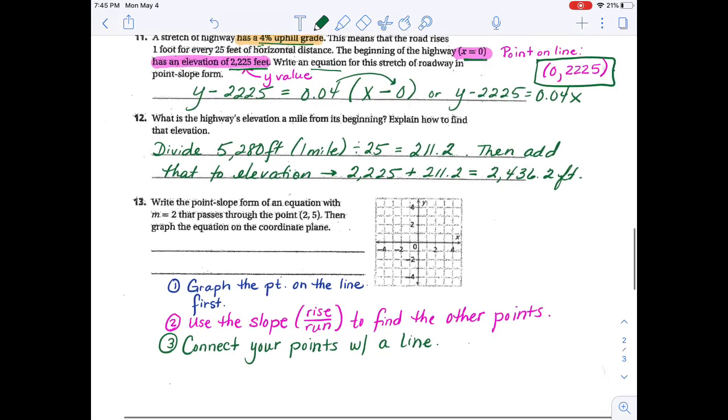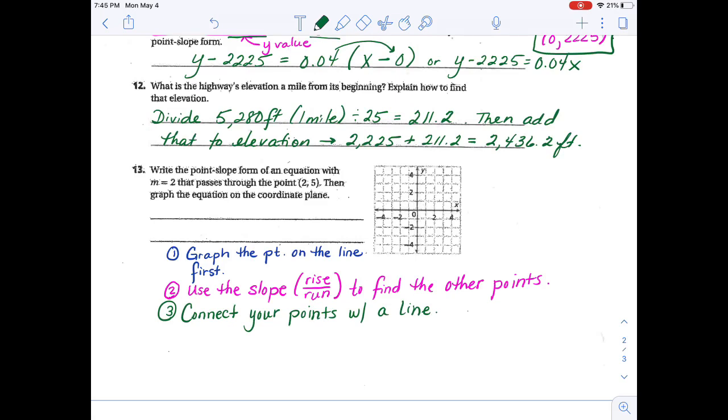Now, last thing I want to look at is how do I graph it if I have the equation? Well, let's look at what I've known. I know my slope is 2. I know there's a 0.25 on my line. Let's write that equation. Y minus y1, which is 5, equals m, the slope, times x minus x1, which is 2.